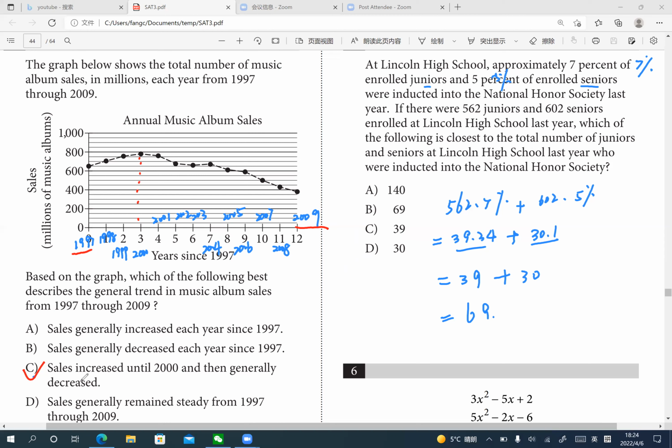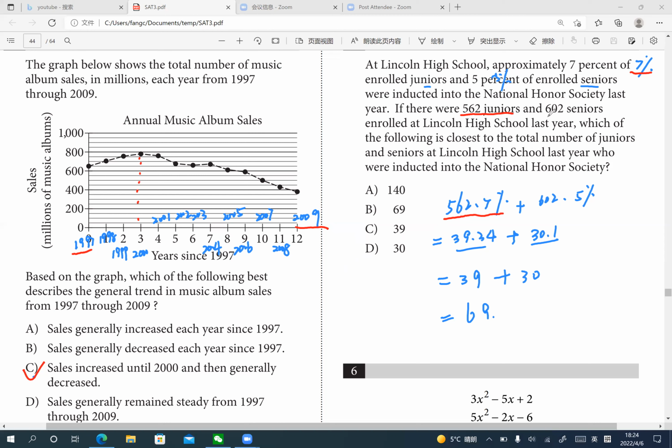From the given information, there were 562 juniors last year, and 7% of them were inducted into the National Honor Society. So 562 times 7% is the number of juniors that were inducted into the National Honor Society.